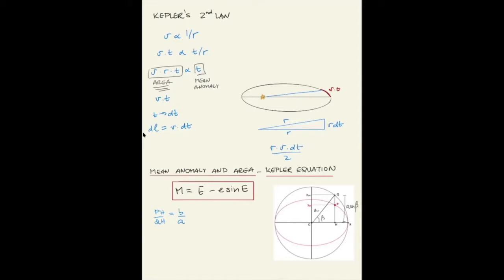And we have already shown that pH is equal to a times the square root of 1 minus e squared times sine beta, which is equal to little b times sine beta, because the semi-minor axis is equal to a times the square root of 1 minus e squared. So that proves that pH over QH is equal to b sine beta over a sine beta, cut the sines, is equal to b over a.